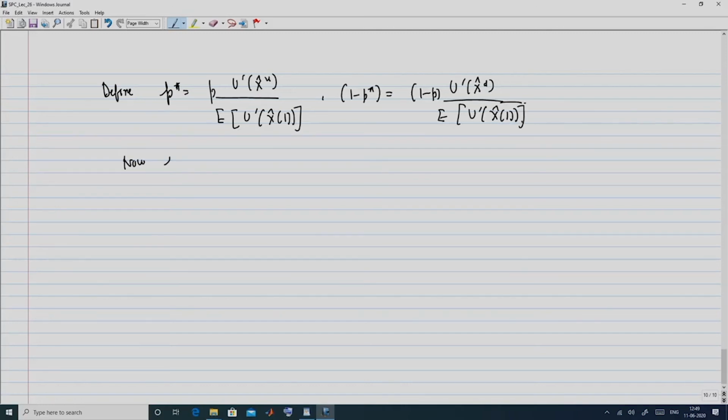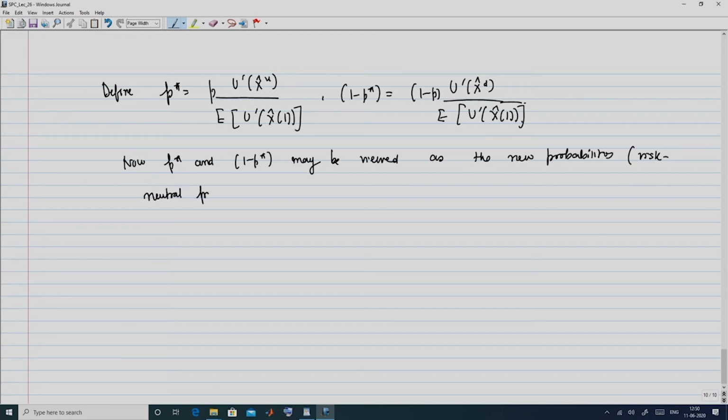Now, here p star and 1 minus p star may be viewed as the new probabilities, or what is known as risk neutral probabilities of SU and SD.